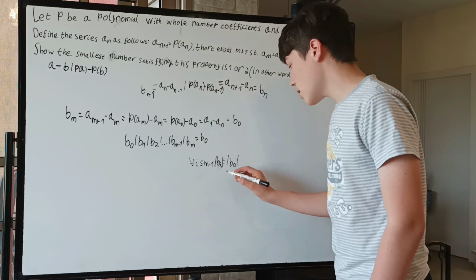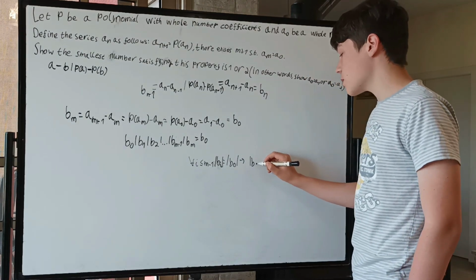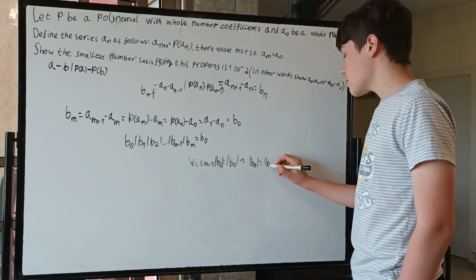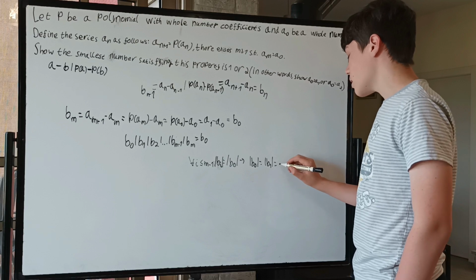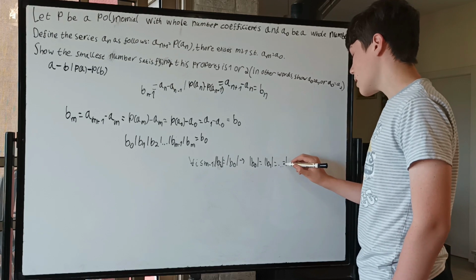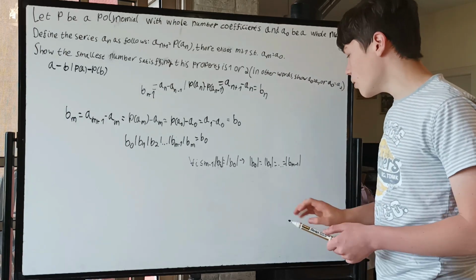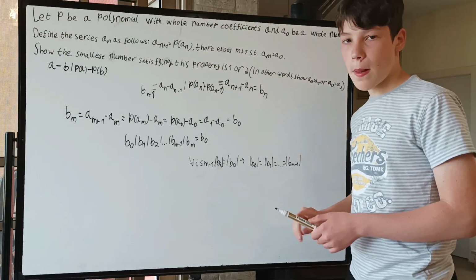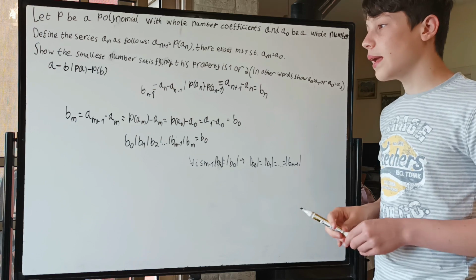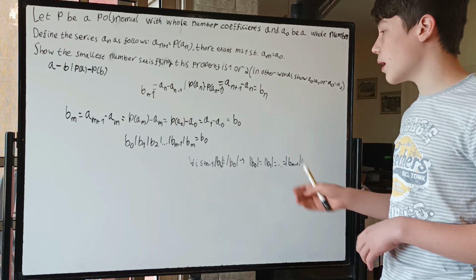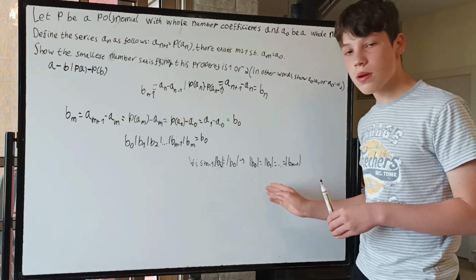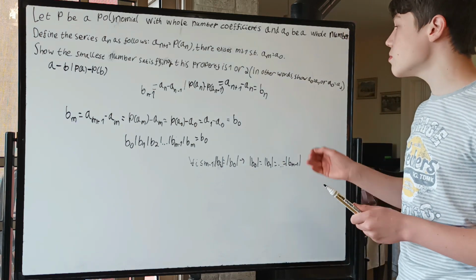But now from this, we obviously get the absolute value of b0 is the absolute value of b1, and so on until it's the absolute value of bm minus 1.